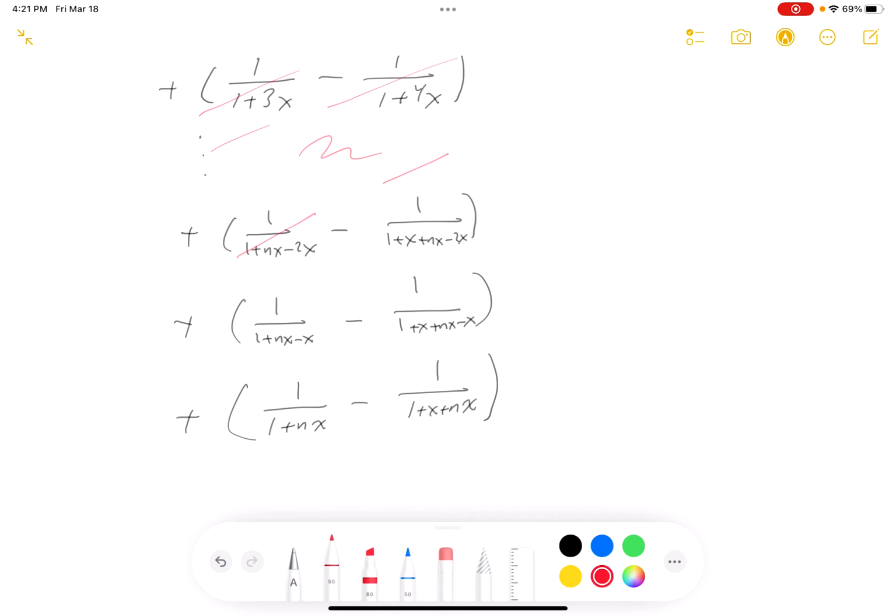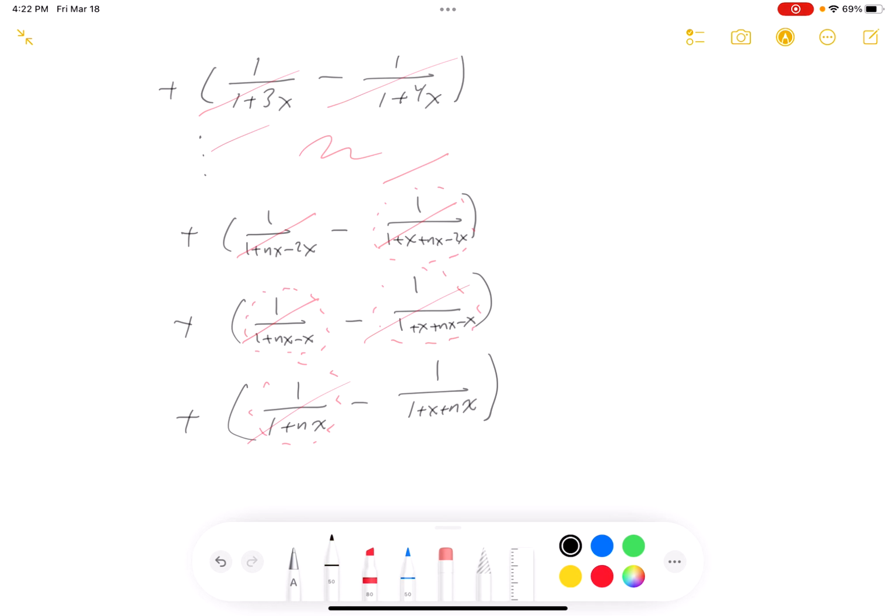I'm looking at this term, and I'm looking at this term. Let's look at the bottoms. What do you get? 1 plus nx minus x. They're both the same bottoms. They disappear. How about this one? Same bottoms. They disappear.